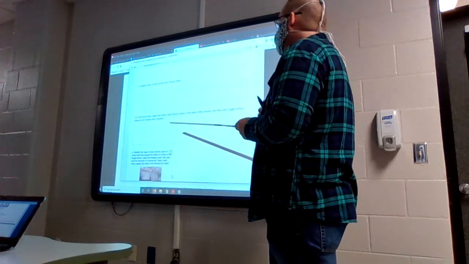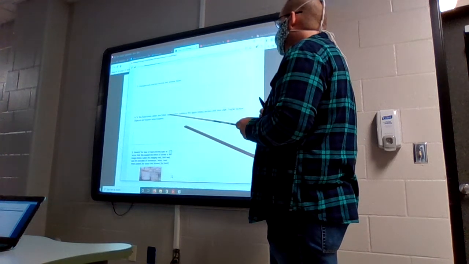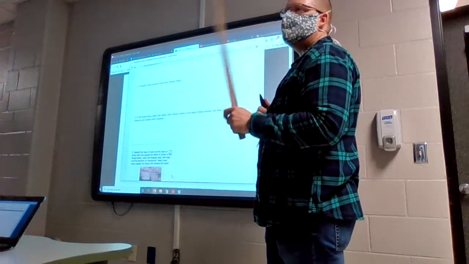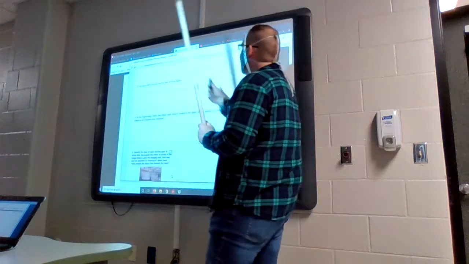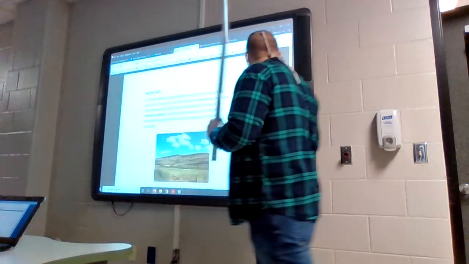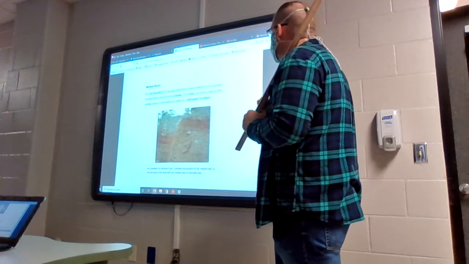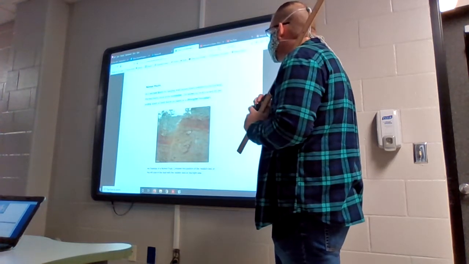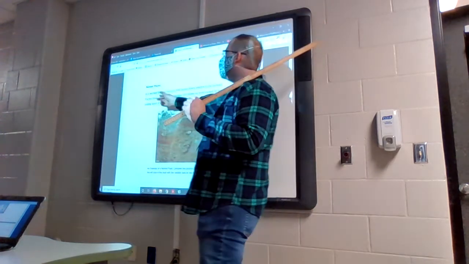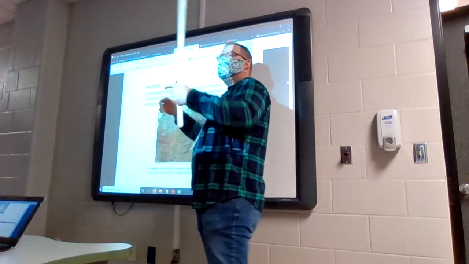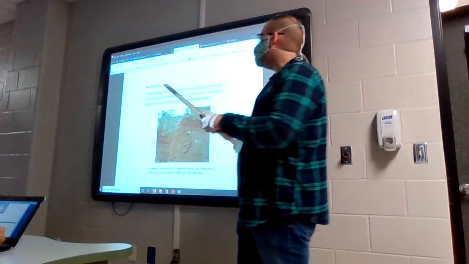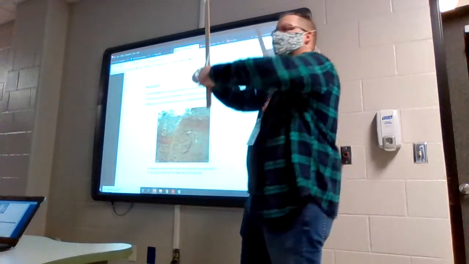Oh, let me put this in. You should add this in too. In a normal fault, I come back up here. Do they say it on here? Yeah. In a normal fault, I have tensional stress. So make sure you say that the hanging wall moves down because there's tension.